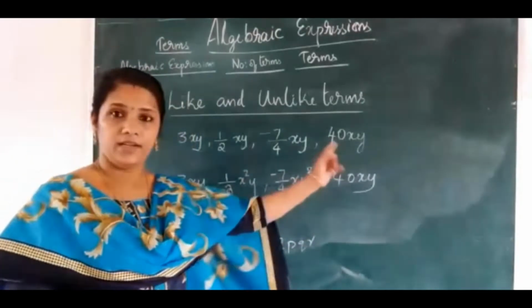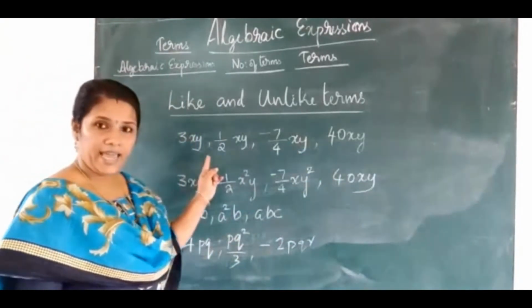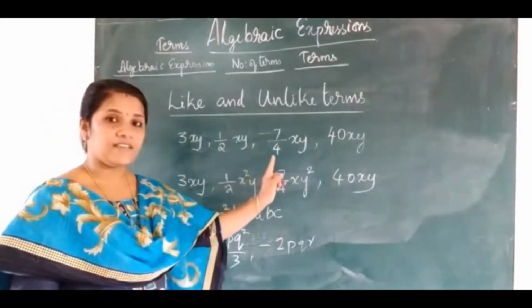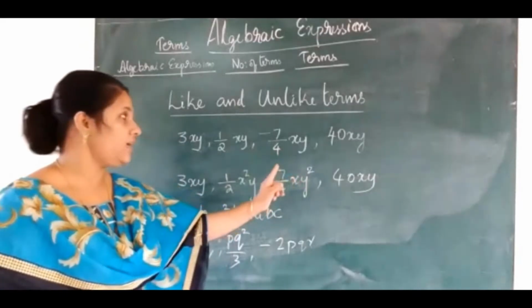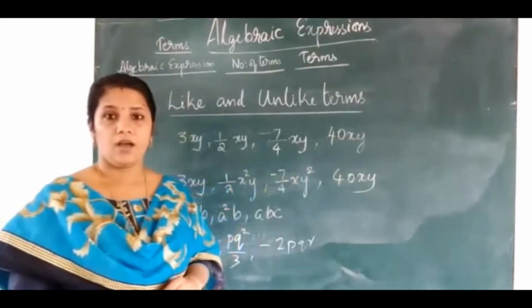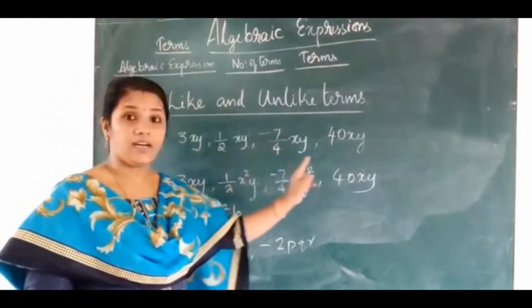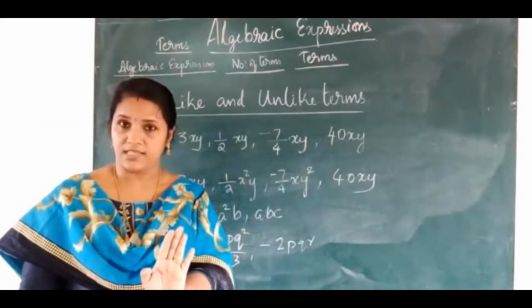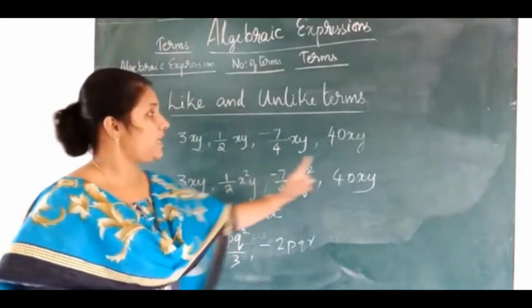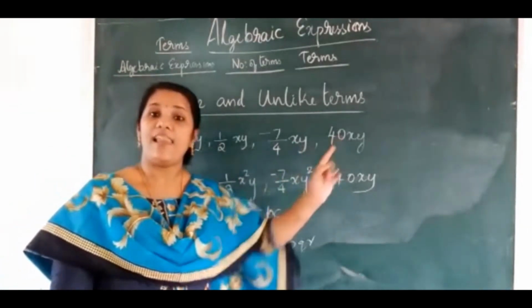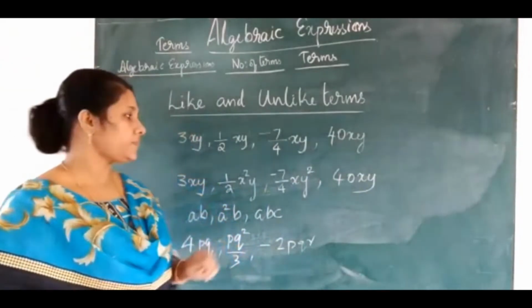The first one: 3xy, half xy, negative 7 by 4 xy, 40xy. The letters are the same, right? For every term, there is only xy. So these are like terms. All these are like terms.